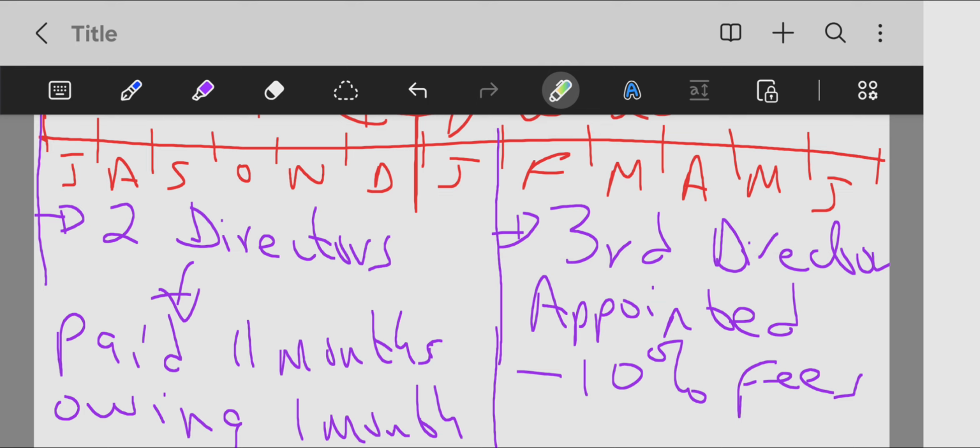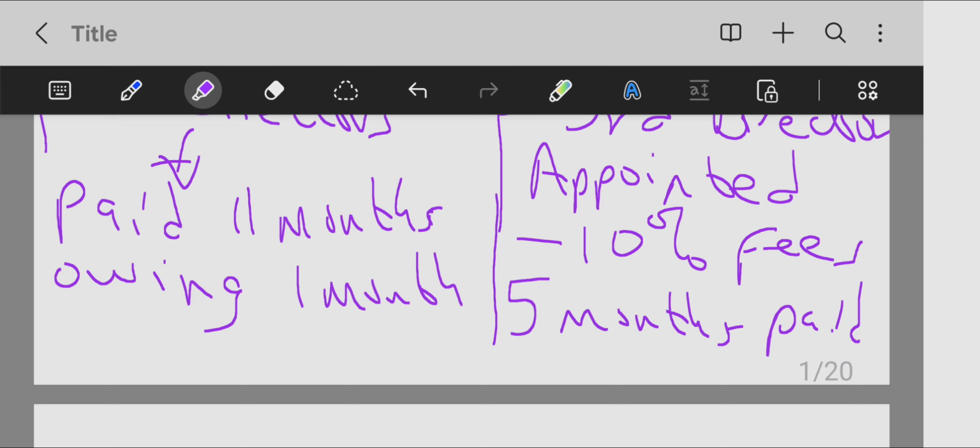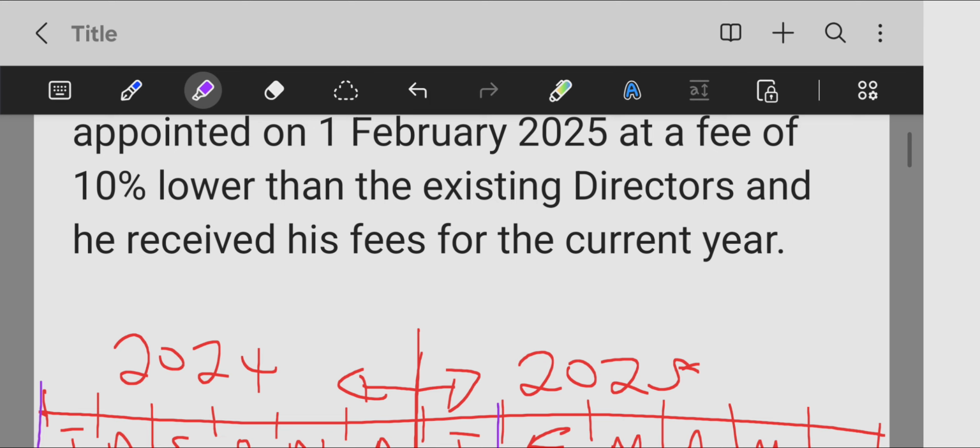So this director was only with the company for 1, 2, 3, 4, 5 months, meaning he has been paid 5 months. And that is a full stop.